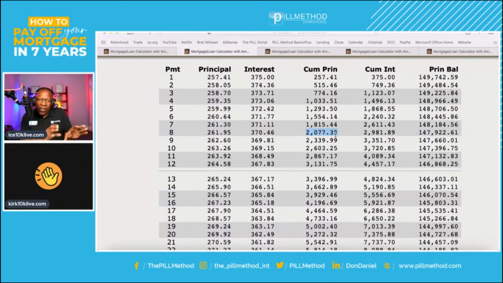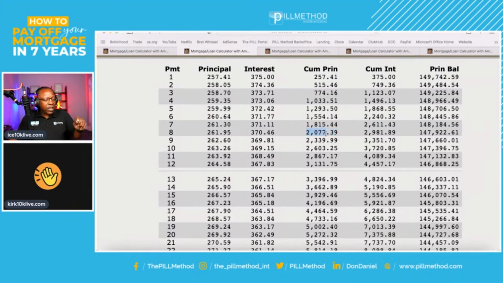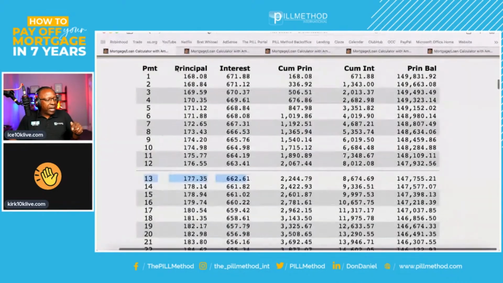So if you have this money available and you want to put it on your mortgage, at the lower interest rate, $2,077 only gets you to line 8, when at the higher interest rate, it gets you all the way to line 12. And your next mortgage payment is on line 13 of the schedule. So by controlling the principal payment, you can then choose how you get out of debt.